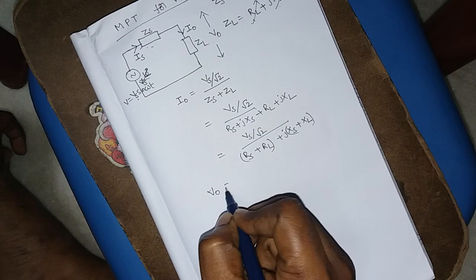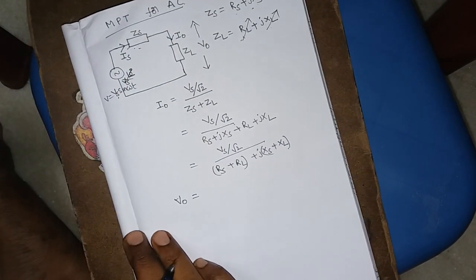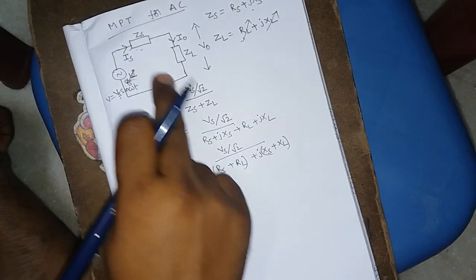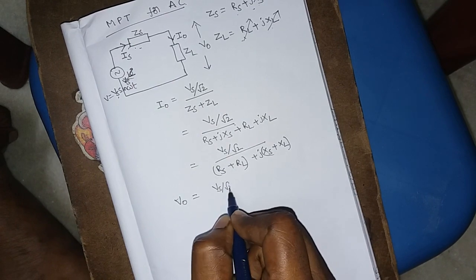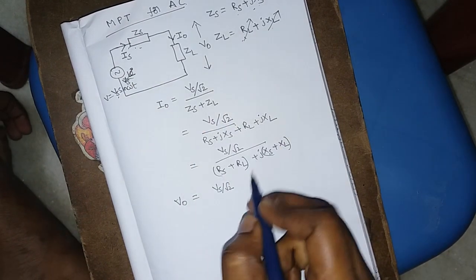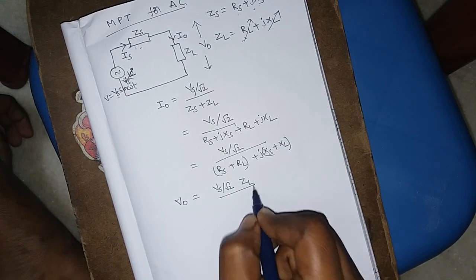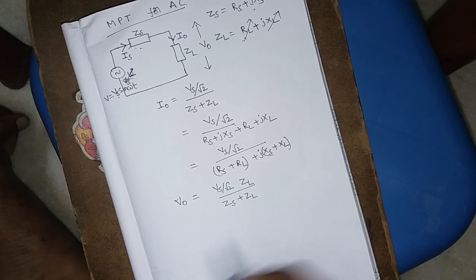V0 is equal to, we can apply the voltage dividing rule here, that is Vs by root 2 into ZL divided by Zs plus ZL.